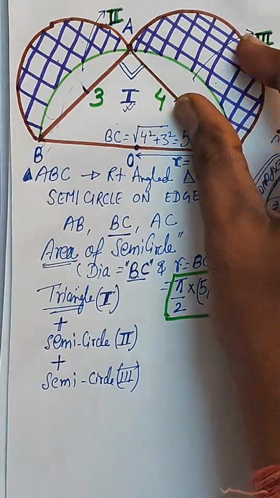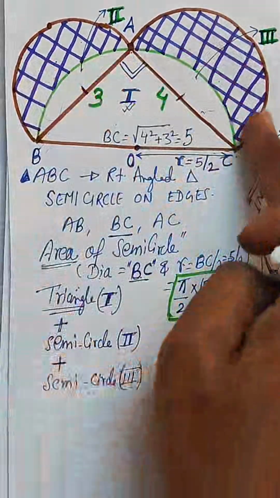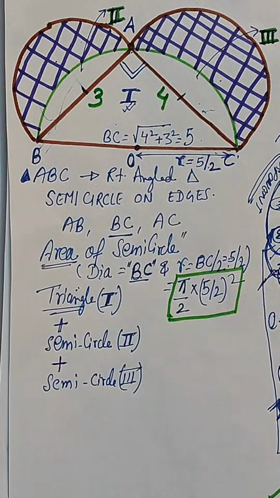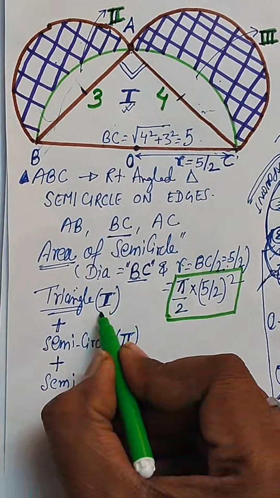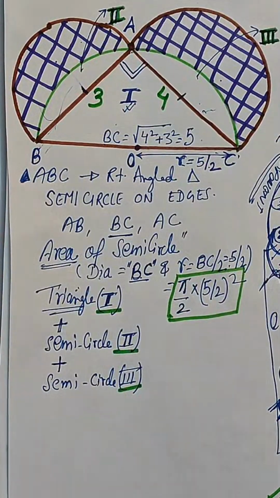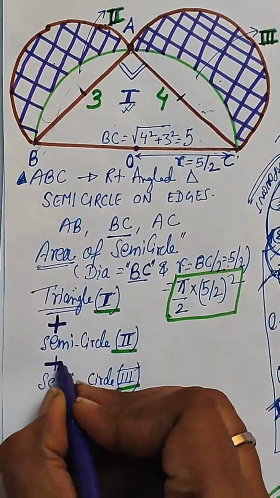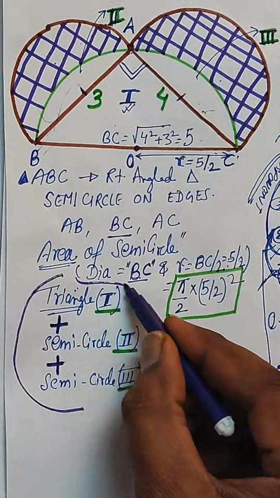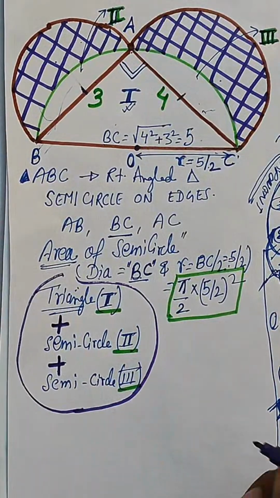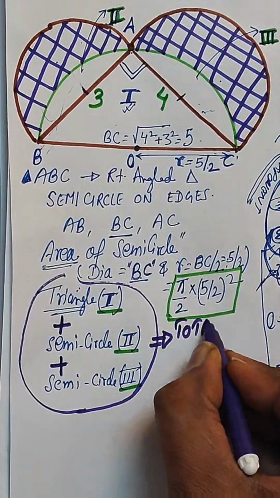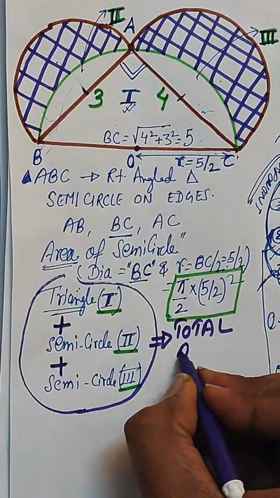If you add this area and this area, you will get the area of the entire figure, isn't it? Tell me. So this will be 1 plus 2 plus 3, all this need to be added, and all this will give you area 1 plus 2 plus 3, this will give you the total area of the figure, isn't it?